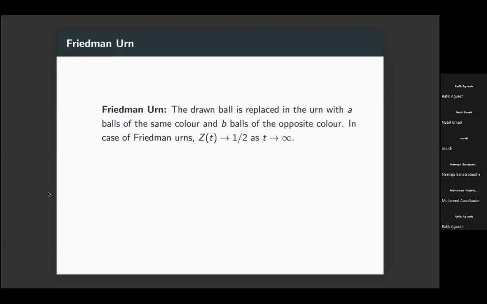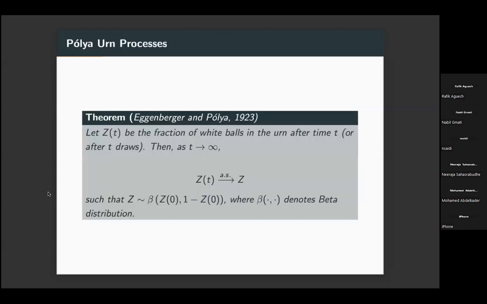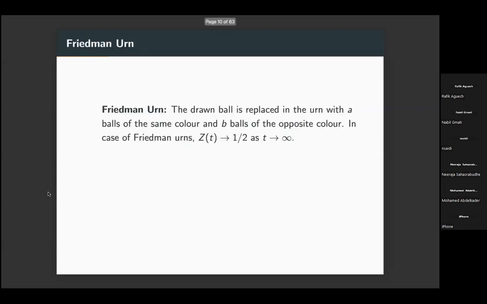And the nature of the asymptote, the way this ZT behaves, that changes significantly in this case. In the earlier case, we saw that ZT was going to a random limit. Here, ZT goes to 1/2. So no matter what you start with, of course, you should start with a non-zero number of balls of either color. Well, eventually you are going to add balls of both colors, so it's not going to matter.